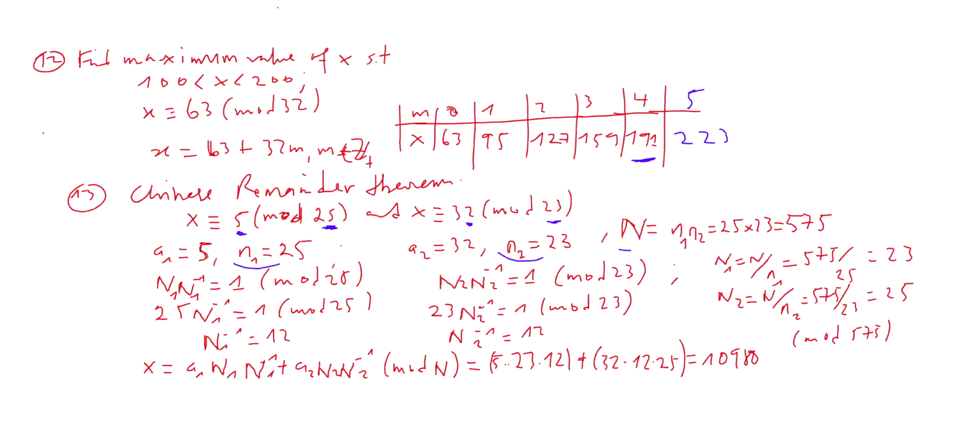Then the next thing we do is calculate capital N1 and capital N2. Capital N1 is nothing but big N over small n1, which gives us 23. Then capital N2 is big N over n2, and this is 25.